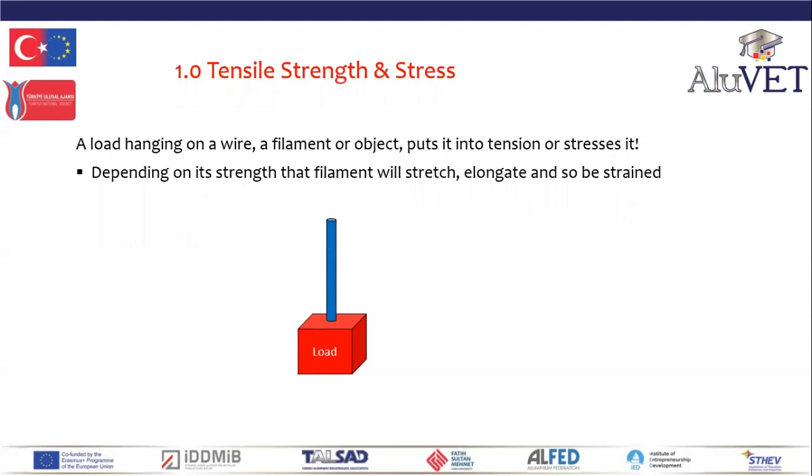The weight applies a force into the filament, a stress. Depending on its strength, that filament will stretch and elongate, so will be strained. When you hang a weight on a filament, you actually stretch the filament depending on the strength of the filament and the weight that you hang on.